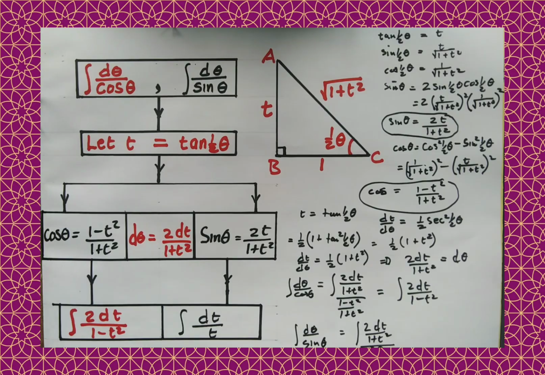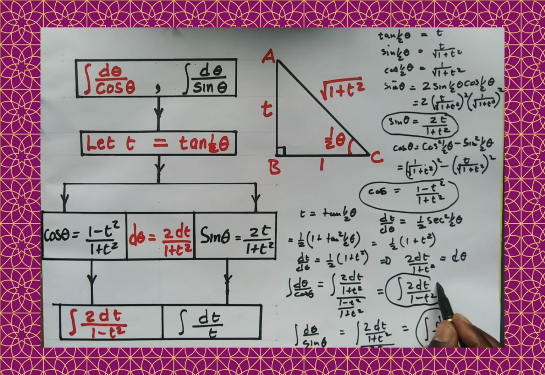I'm crowding out things here, isn't it? And that simplifies to, when you invert the bottom fraction there, that simply gives you dt over t. That's your second integral. And this is your first integral.